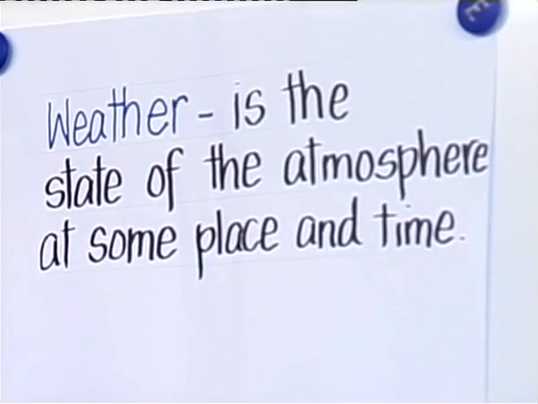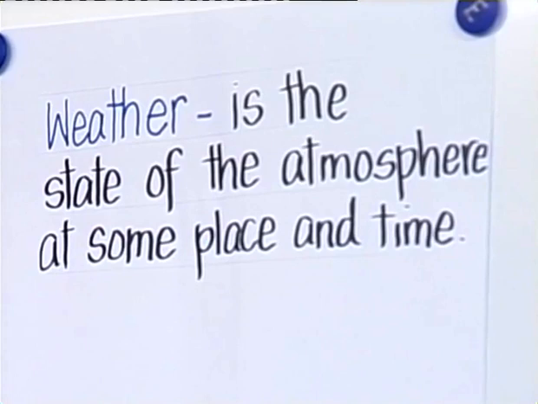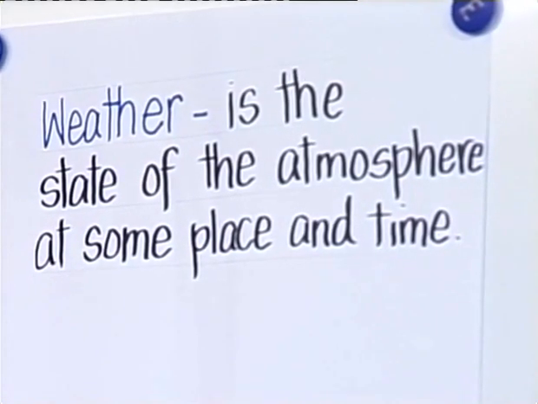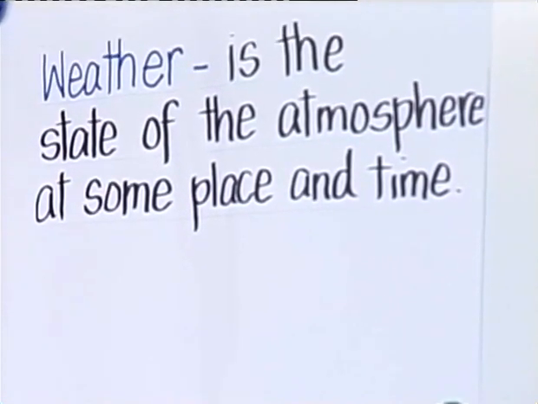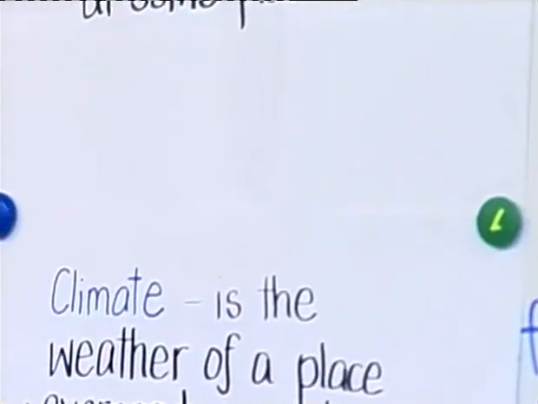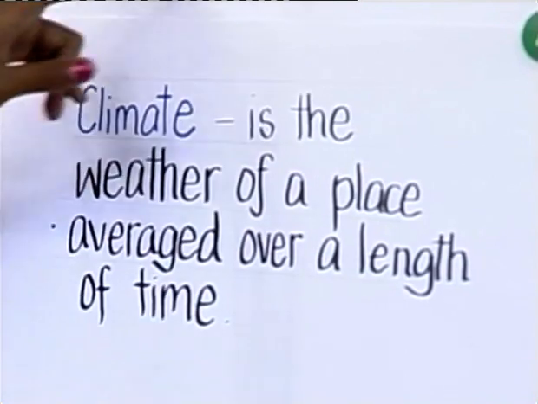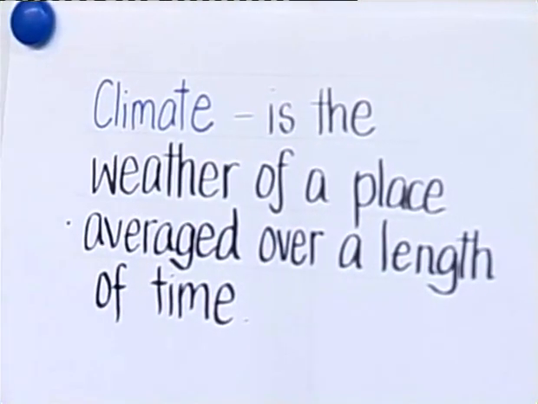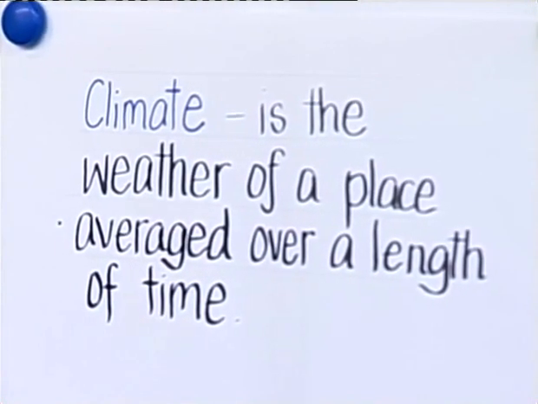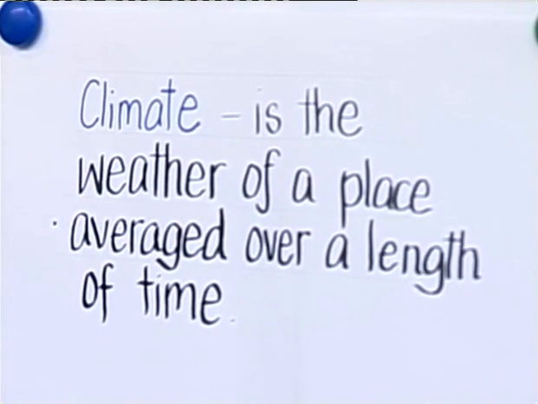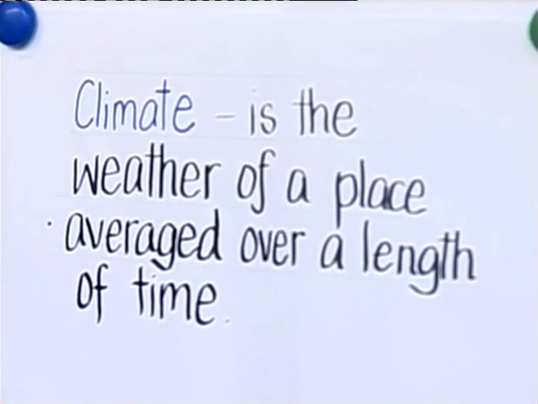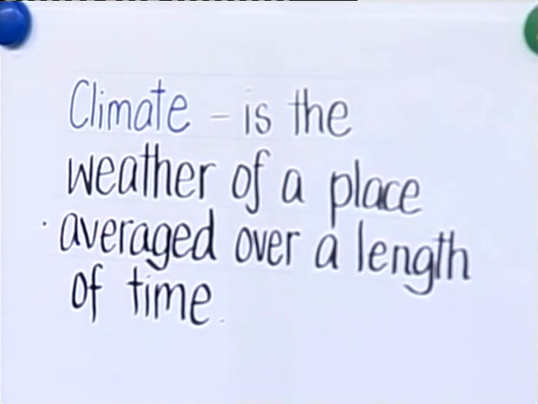Or you can say climate is the weather of a place averaged over a length of time. You've got your answers just the same as this. So for example, today, how you describe the day today, you're talking about weather.